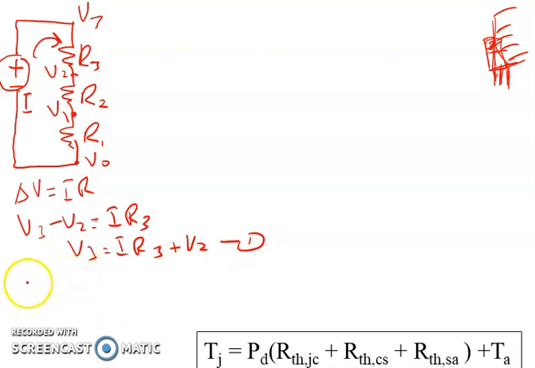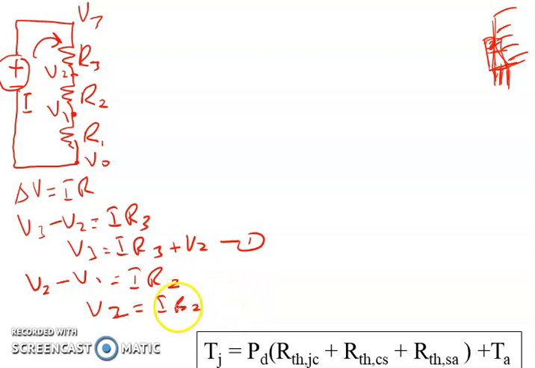Then for R2, the voltage difference is V2 minus V1 equal to I R2. We arrange again, we get V2 is equal to I R2 plus V1. This is labeled as equation number 2.